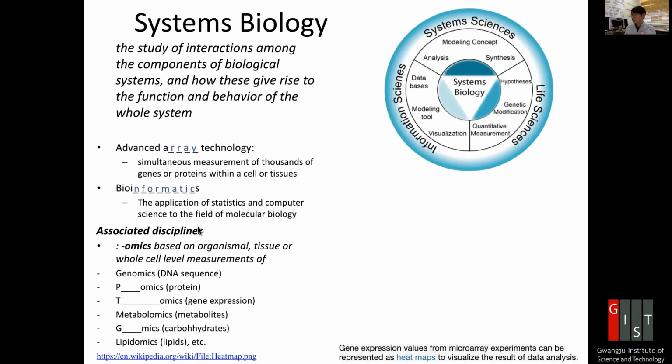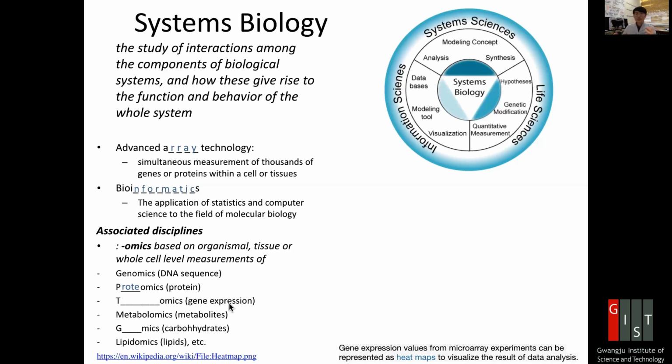I want to give you an example. A single DNA sequence study, a gene study, we call genetics. Now we are talking about the whole set of genes, so that allows us to study the whole genome. So it's called genomics. The study of protein expression and the whole set of proteins, we call proteomics.